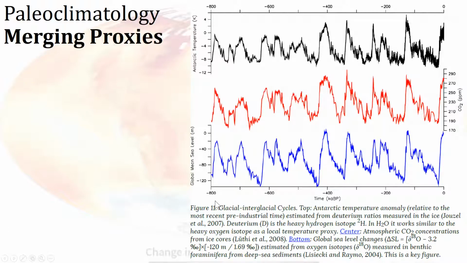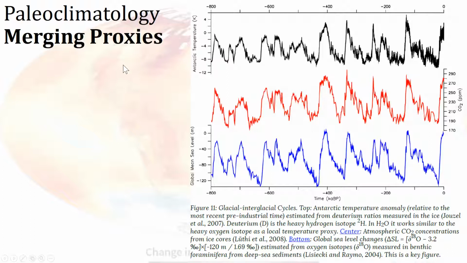So this is time in thousands of years before present. So 800,000 years ago, that's plenty of time to pick up these Milankovitch cycles, especially the precession and the tilt, but even the eccentricity we are picking up, and you see these large swings. And so this corresponds very well to the Milankovitch cycles.